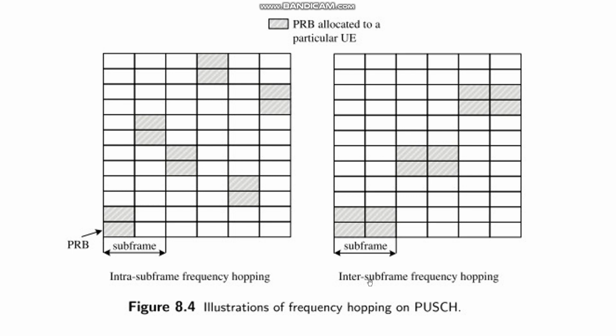The next one is inter subframe frequency hopping. Here you can see in a subframe there is no change in the frequency. The resource blocks allocated are in the same frequency, while in the next subframe you can see there is a frequency hopping taking place.